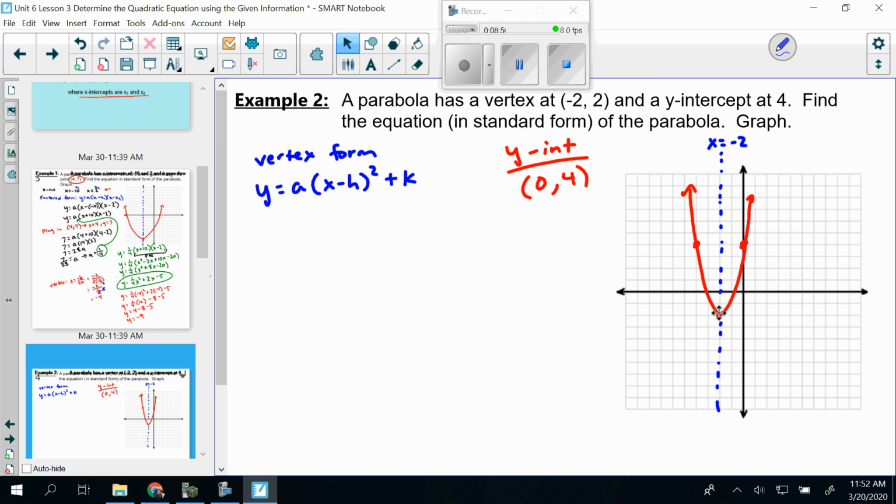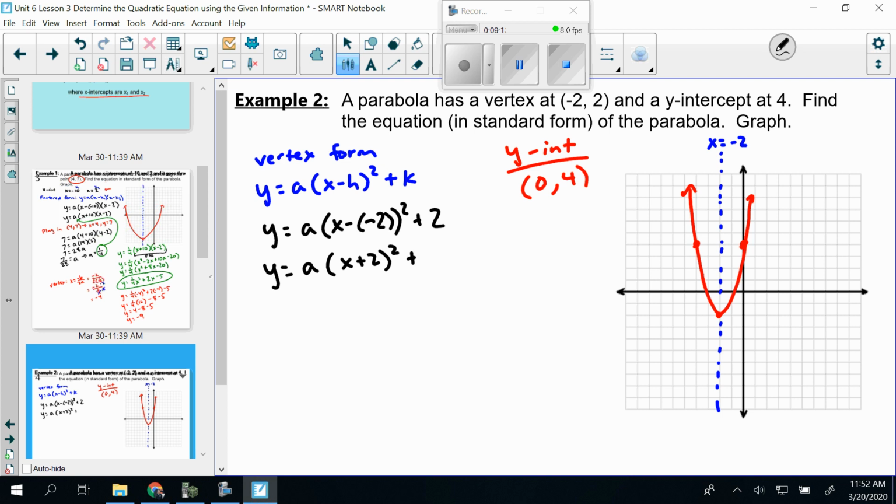So here, if we put in our information about the vertex, we get that y equals, we don't know our a, but we do know our x value is -2, and our y value of the vertex is 2. So that gives us now the equation a times x plus 2 squared plus 2.